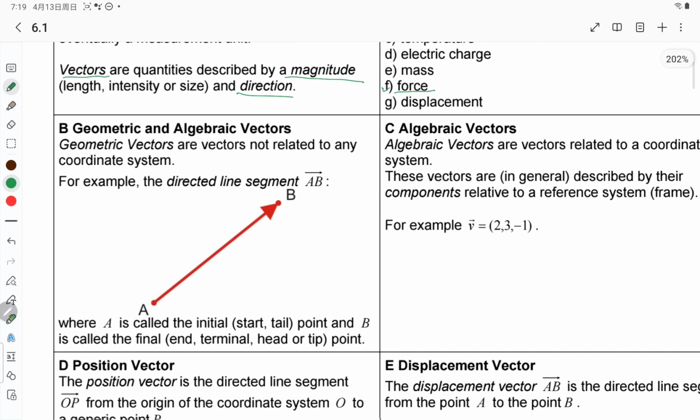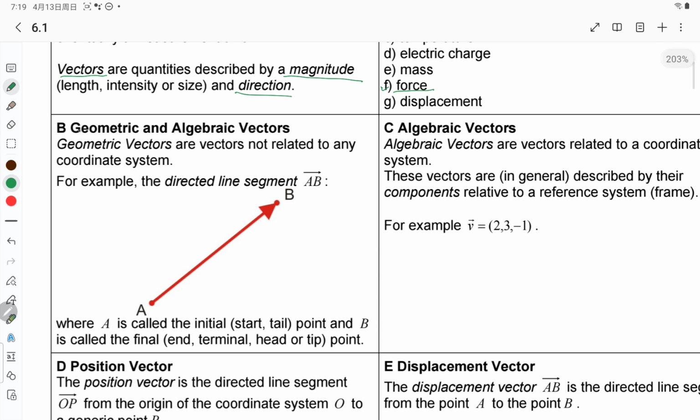But let's see B, geometric and algebraic vectors. So geometric vectors: if we're in space, we have two random points A and B, and then we can define a vector, as the math language suggests, with starting point A, ending point B, and a direction.